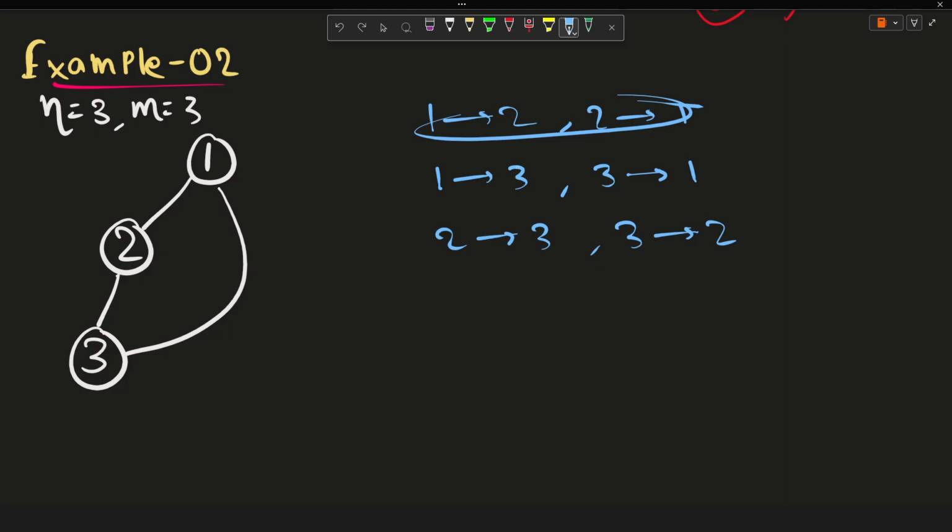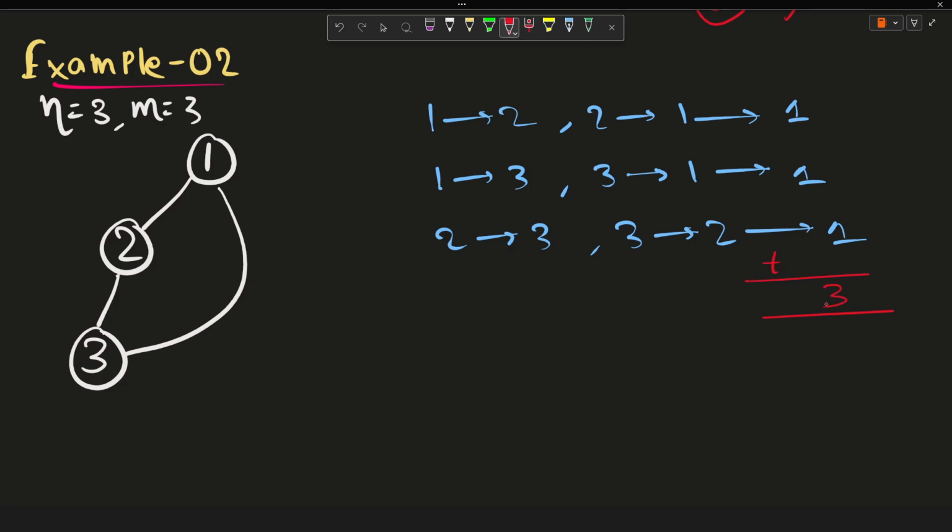If we are able to go from 1 to 2, I will treat the same for 2 to 1. So this will form one pair, this another pair, and this another pair. Initially when everything was connected, we were getting a total of 3 pairs of vertices which were reachable from each other.